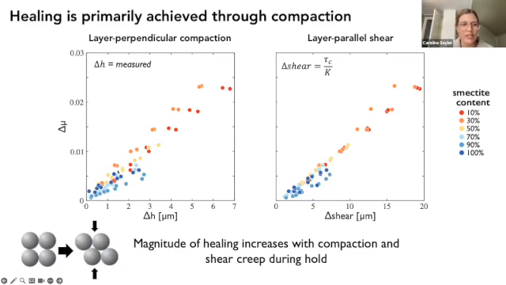And what we can see is a very clear correlation between the amount of healing and the amount of thickness change during the hold. So this is suggesting that most of the healing here is associated with compaction and shear creep, or most likely shear enhanced compaction, which is increasing the contact area during these holds and leading to this greater healing in the quartz-rich samples.